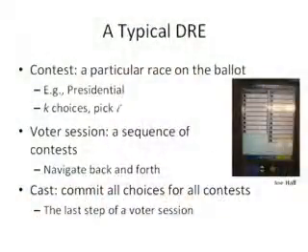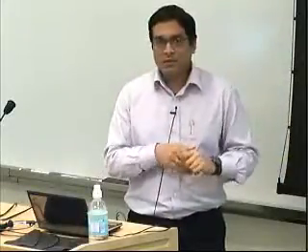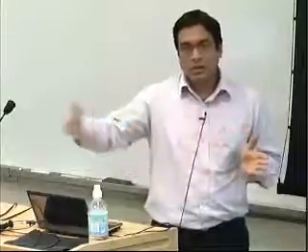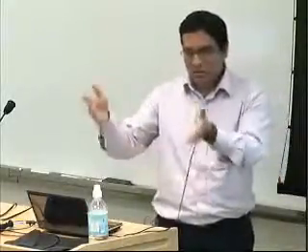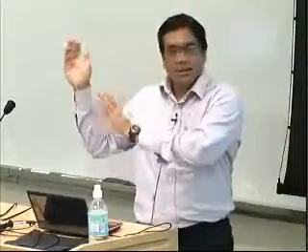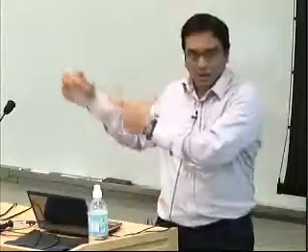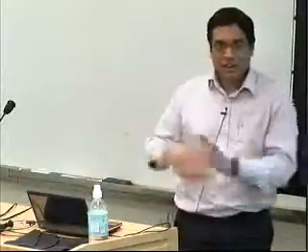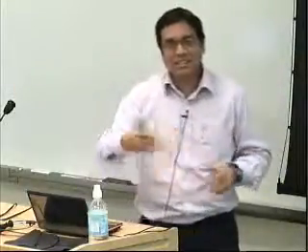Let me say a little bit about the kind of voting machine we're talking about. It's called a direct recording electronic voting machine, or DRE. In US elections, a single voter session is a sequence of contests. One contest could be for president, the next for a senator, the next for the local congressman, and then local council, and in California we have all kinds of additional initiatives that get added on.